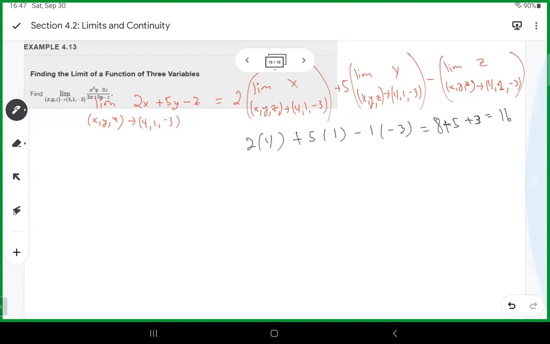Since this is a non-zero, we next find the limit of the numerator using the product law, difference law, constant multiple law, and identity law. Okay, so, all right.